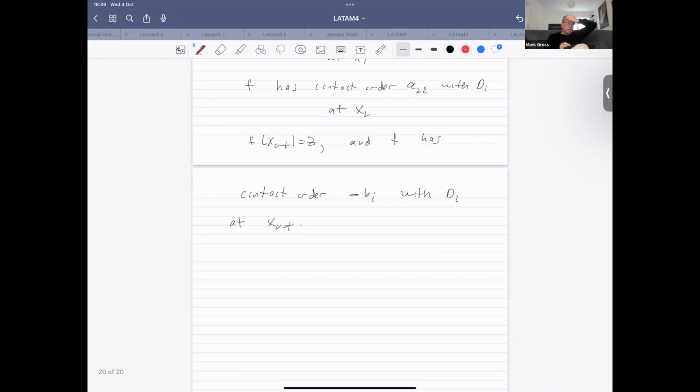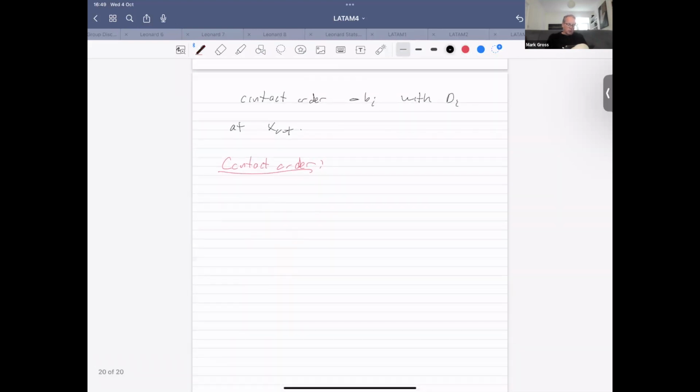Let me talk about contact order if we imagine X is just a smooth variety with a smooth divisor D. So if you have a curve, let's say a curve that doesn't fall into D, or a stable map, so f is a map from C to X, with image being what I've just drawn, it makes sense to ask, well, what's the degree of tangency of this curve with D at a given point?